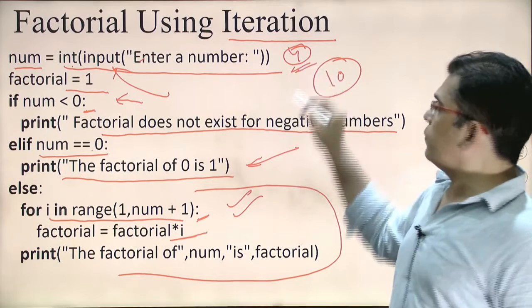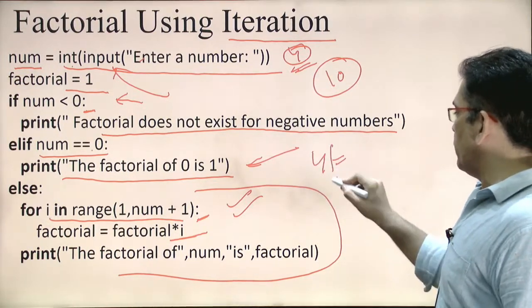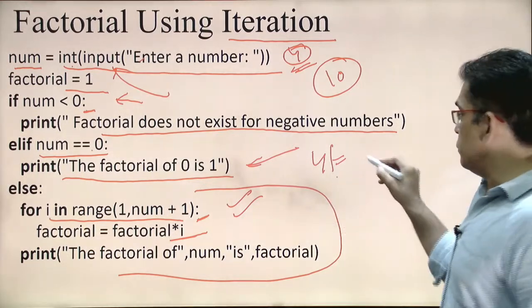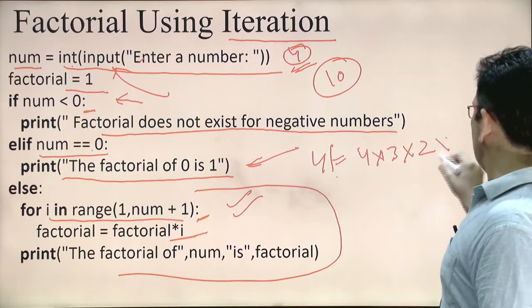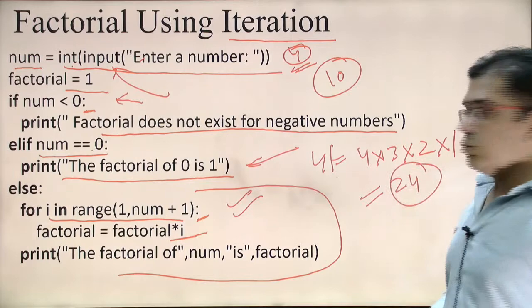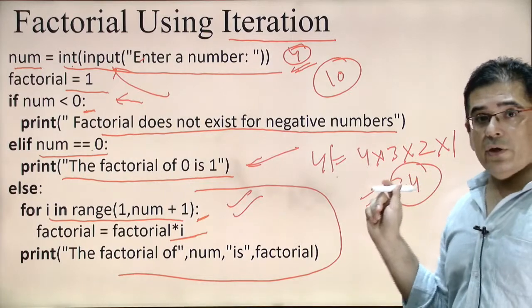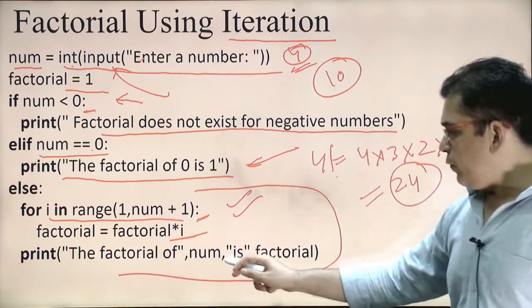Because I have entered 4, the output will be displayed like 4's factorial, with the sign of exclamation used, 4 into 3 into 2 into 1, which is equal to 24. So the output will be 4's factorial is 24, and it will print the value as the factorial of num.